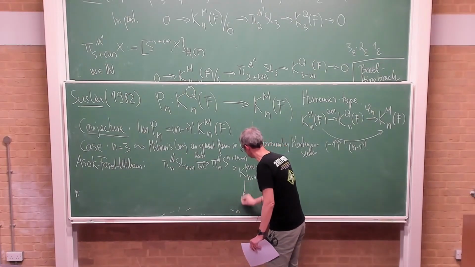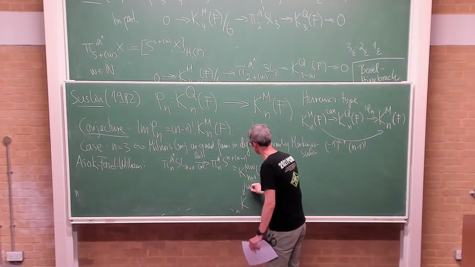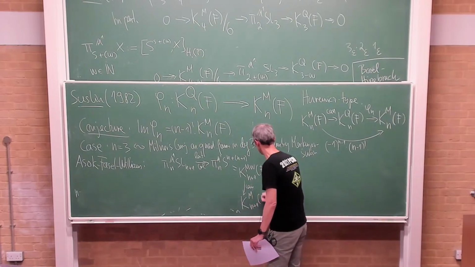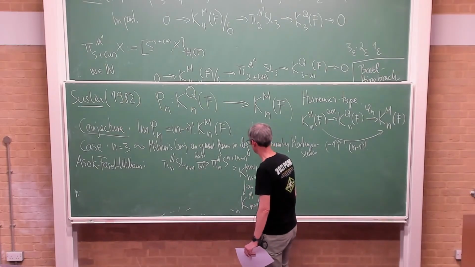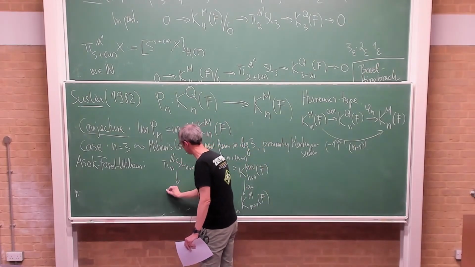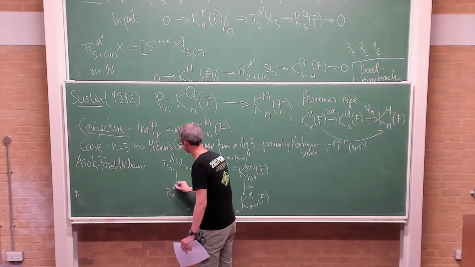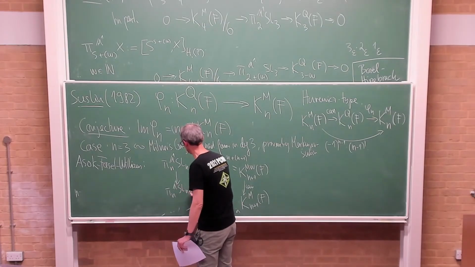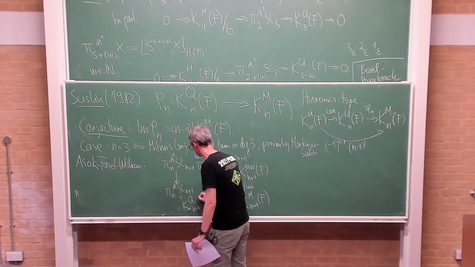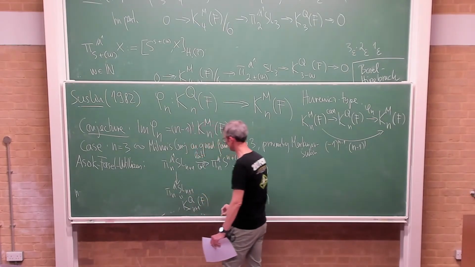And you can project down via the canonical map to the Milnor K-theory. And here you can include in SLN plus 2. And then you're in the stable range. So this here becomes the n plus first Quillen K-theory of F.